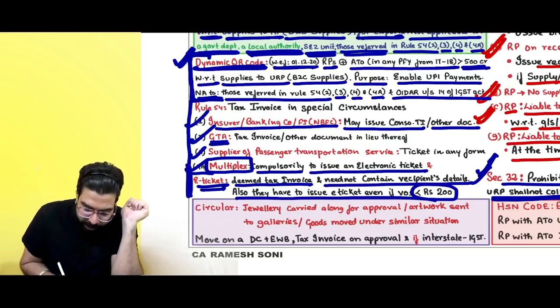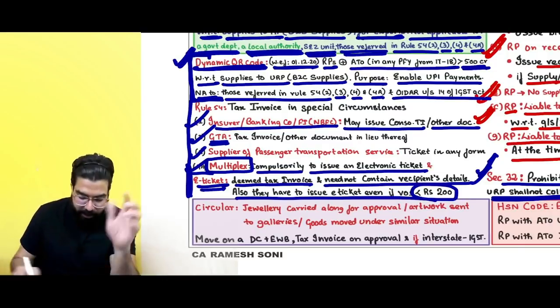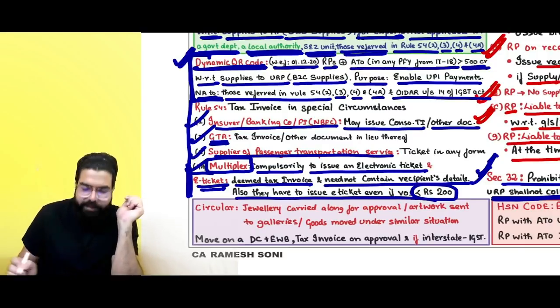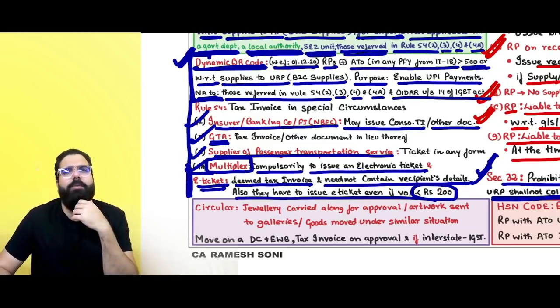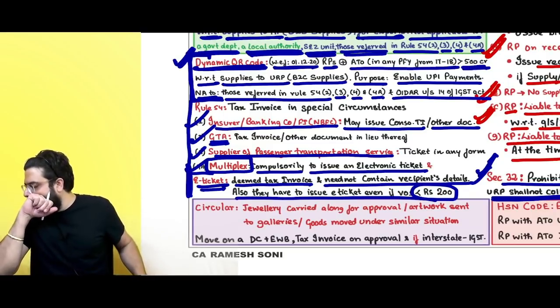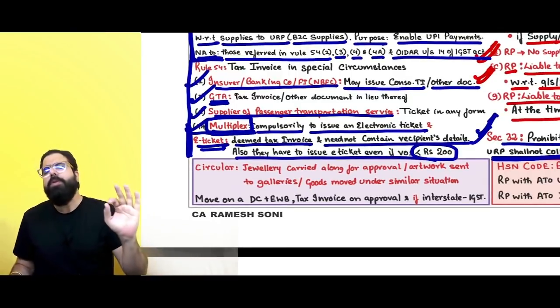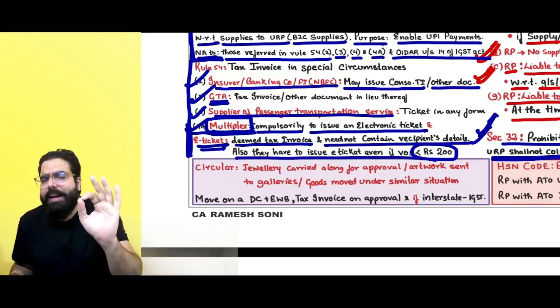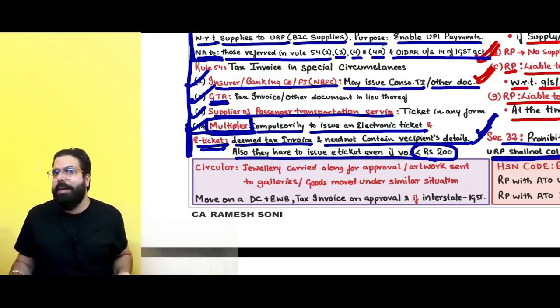Then goods transport agency: they issue a consignment note, and the consignment note only is deemed as the tax invoice. Then passenger transportation service: in buses they give you a ticket, and the ticket only is deemed as the tax invoice. Yes, sir, point is clear. In the case of multiplex theatres, they do e-ticketing. E-ticketing is mandatory and the e-ticket only is deemed as the tax invoice.